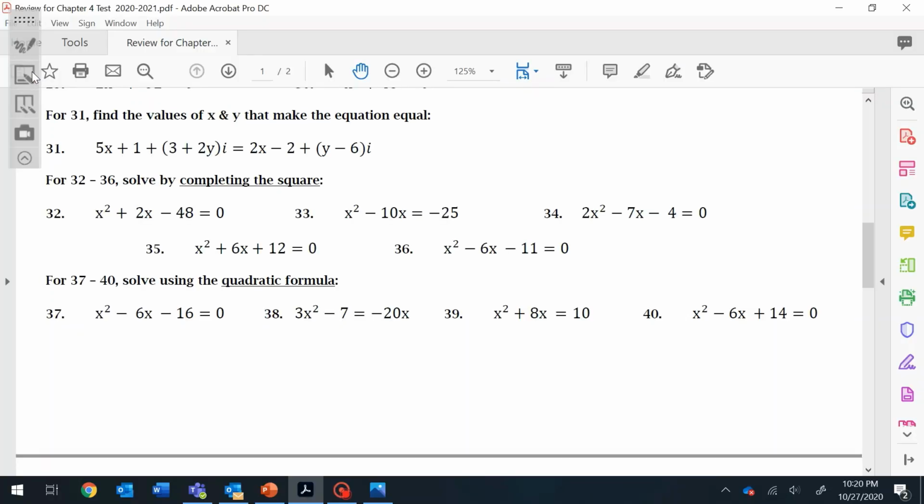Alright, number 33. X squared minus 10x equals negative 25. Well, it's already set up for me to complete the square, so minus 10x and then negative 25 on the other side. I'm going to add half of the b term squared, so half of negative 10 is negative 5, negative 5 squared is 25.